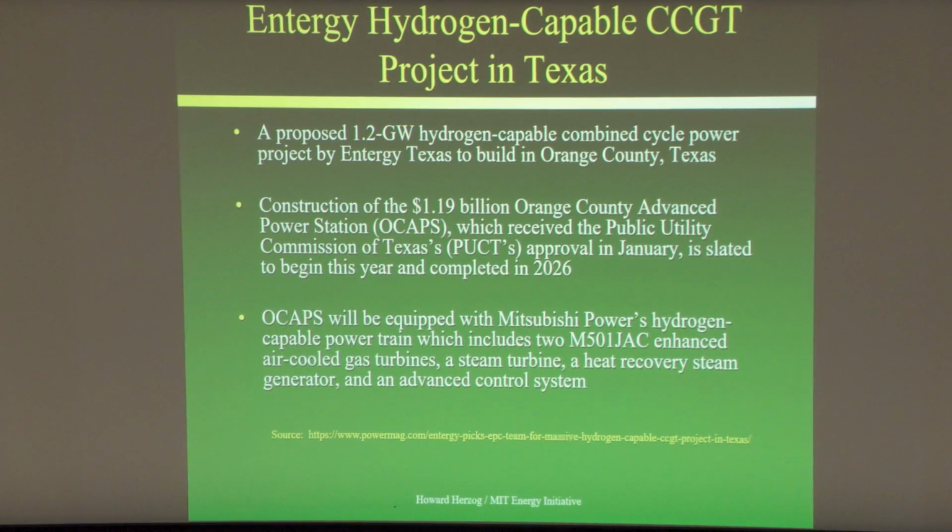Once again, they're going to be using a Mitsubishi Power hydrogen-capable turbine train. So it shows that, at least people think, hydrogen turbines, at least for gas, could be real. Once again, it's an interesting combustion issue on how you design these turbines.